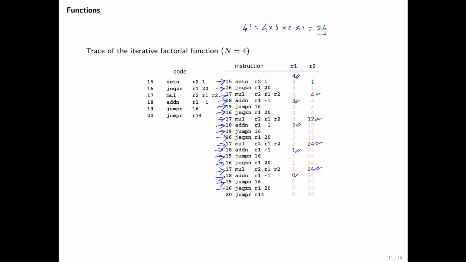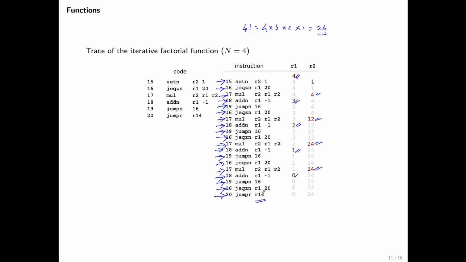And now when we check R1 against 0, well, they are the same. R1 has the value 0. So in that case, we jump to instruction number 20. That's the next instruction that's executed. And what does that instruction do? Well, it jumps back to the caller, the return address that is stored in R14.